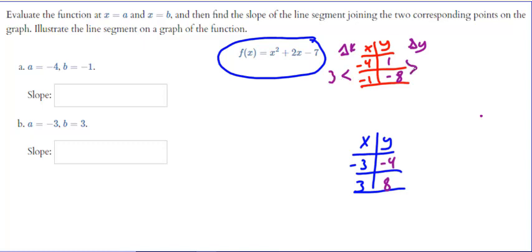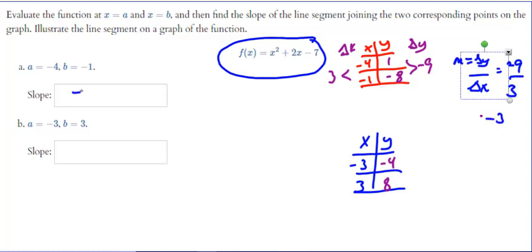From 1 down to -8, that would be -9. And the reason it would be negative is because you're going down the number line. 1 down to -8 is 9 spaces, but it's in the negative direction. So slope would be changing y over changing x, which would be -9 over 3, which would be -3. So the slope on the first one is -3.